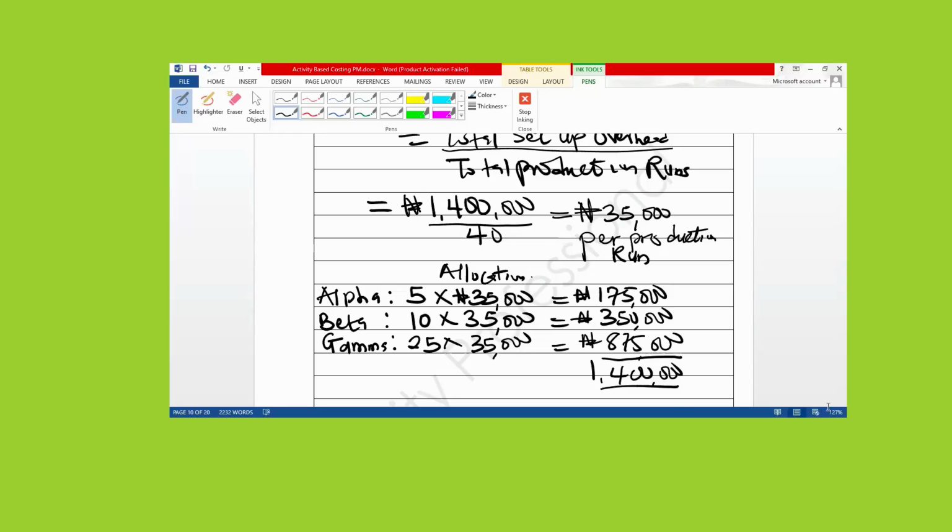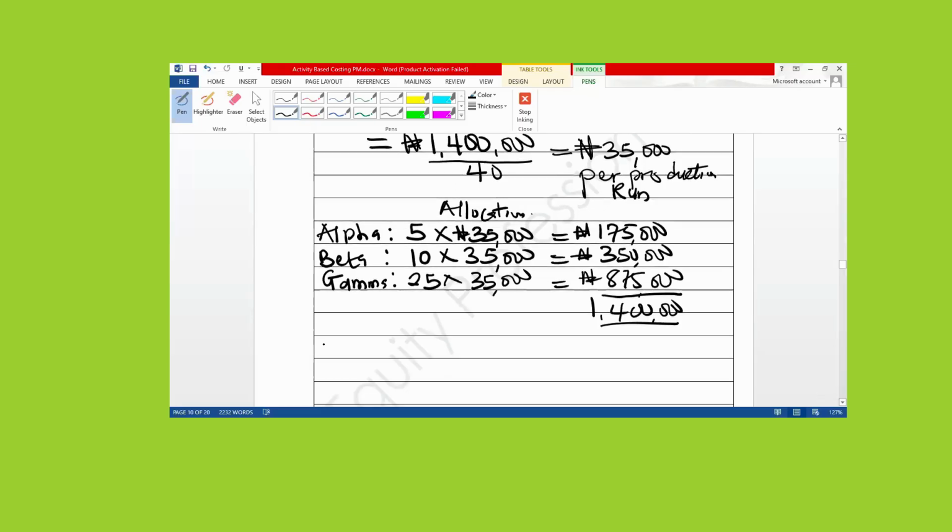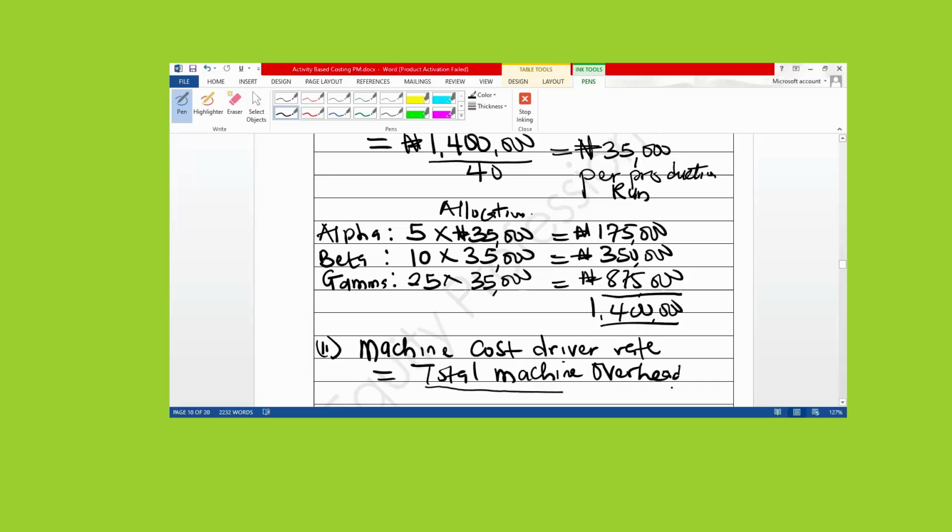The next one, machine overhead. Second one, second working now. Machine cost driver rates, calculated as total machine overhead divided by, let's go and check, what is the cost driver?